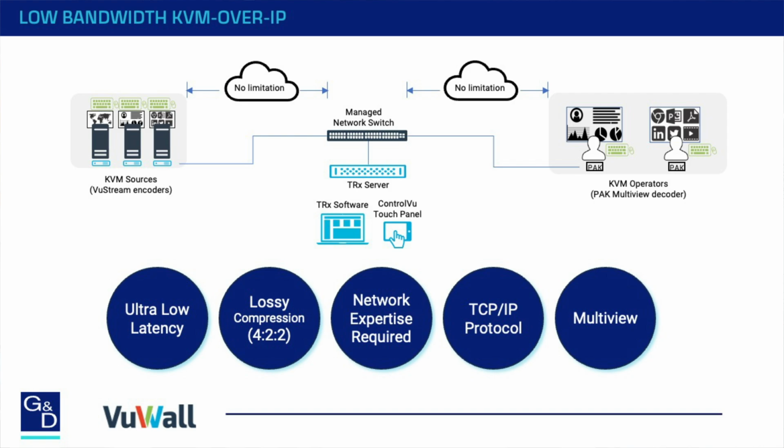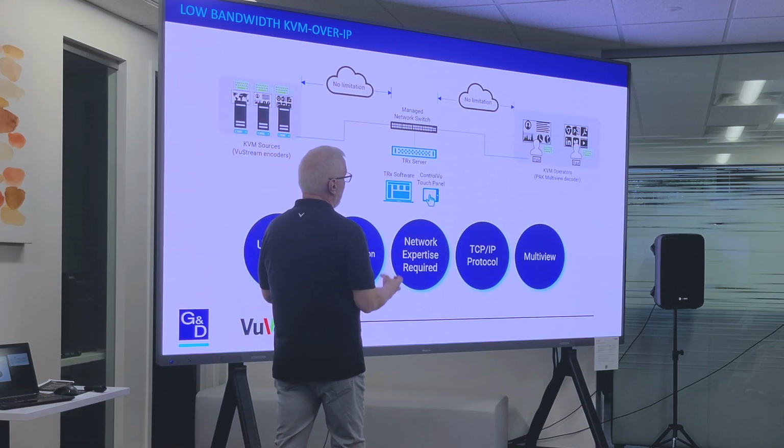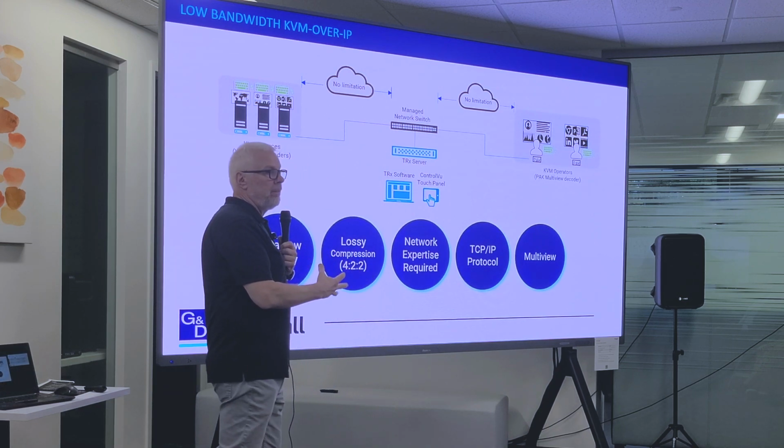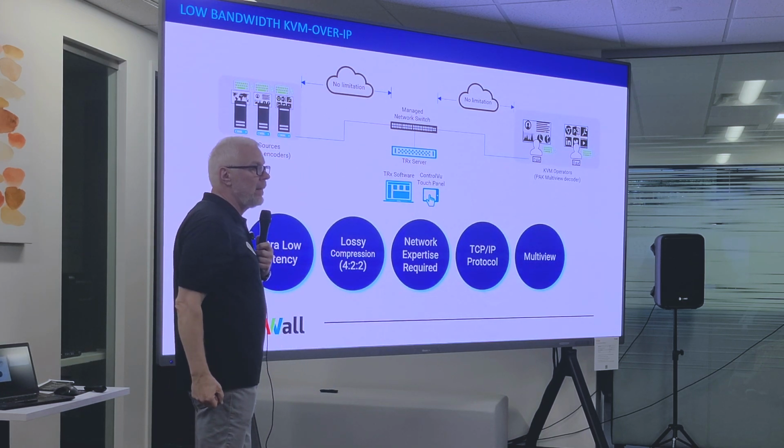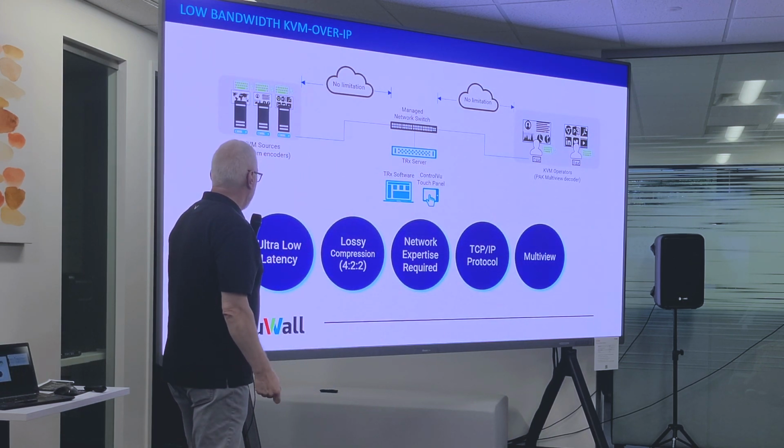Same architecture through a network, but low bandwidth. That means across a 1 gig network, you can transmit that information. That means you can go way beyond just a simple campus, where you can control computers anywhere in the country or on another continent from your control room. So it's very interesting for remote control centers that are interconnected.